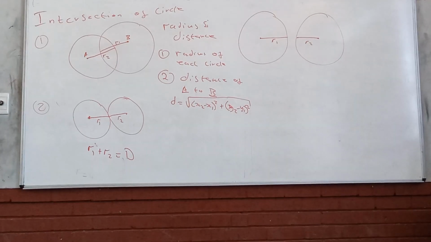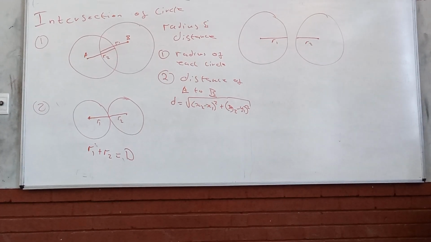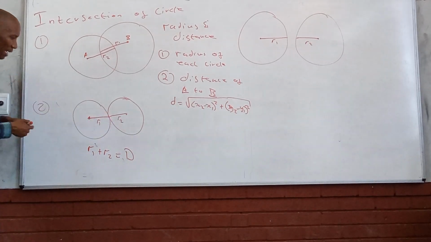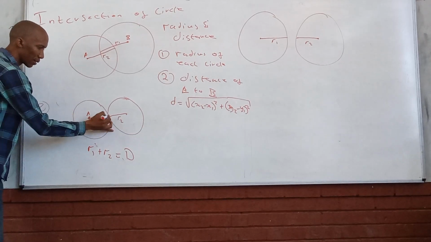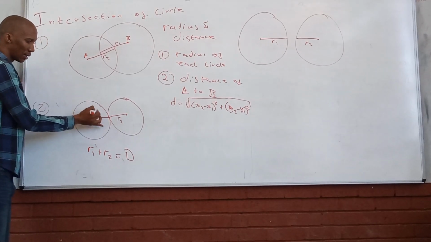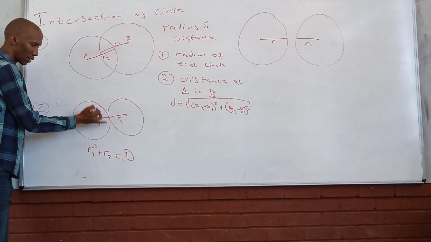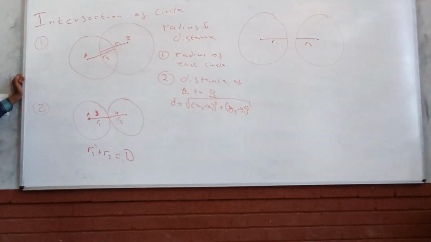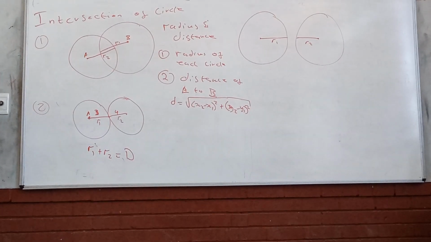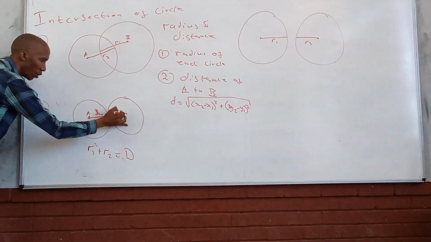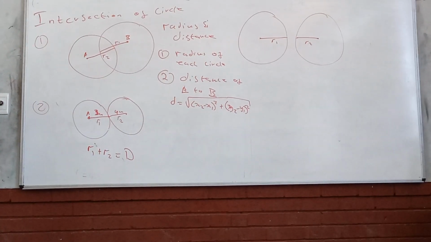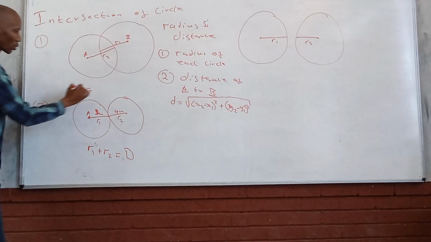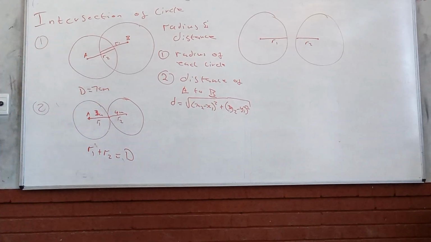Let's say the radius from A is 3 and the radius from B is 4. Those are my radii. And then if my distance D is equal to 7 centimeters.